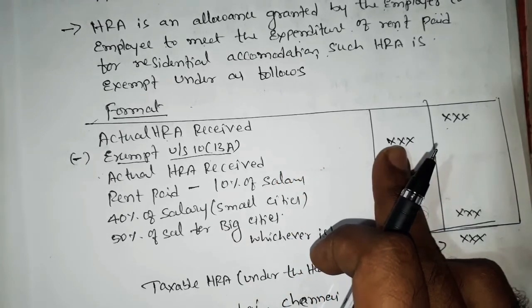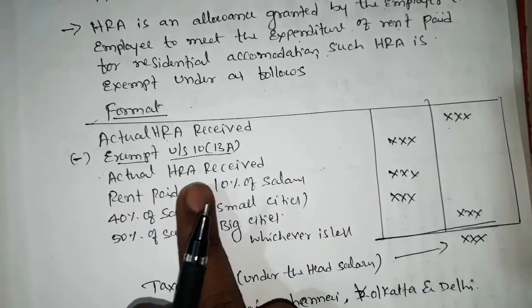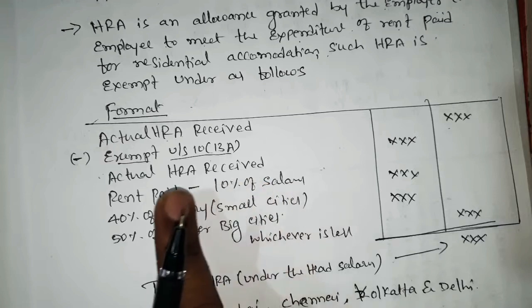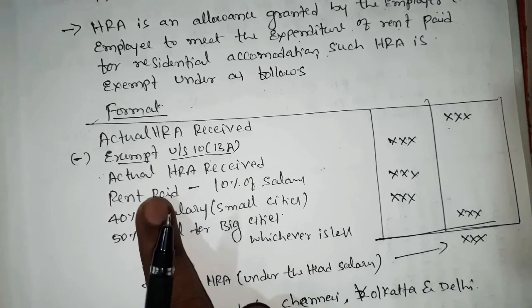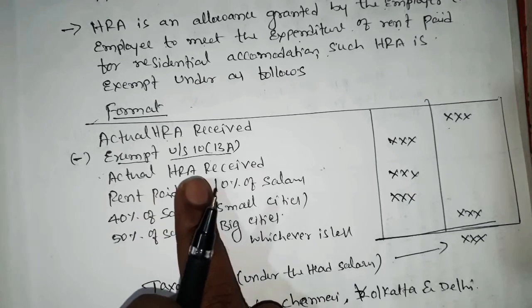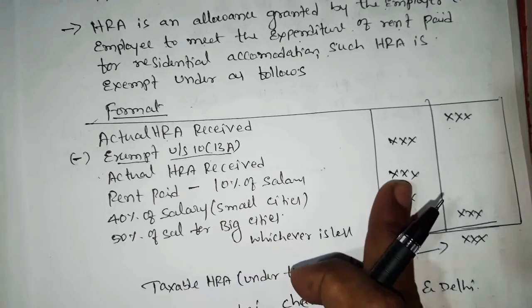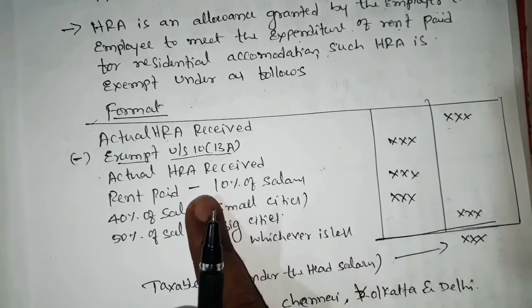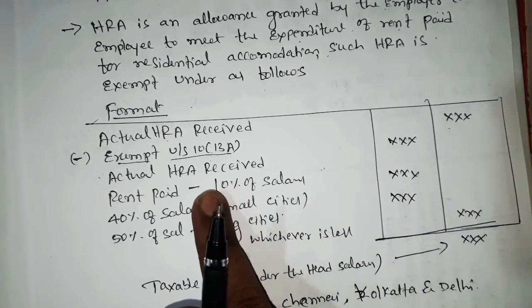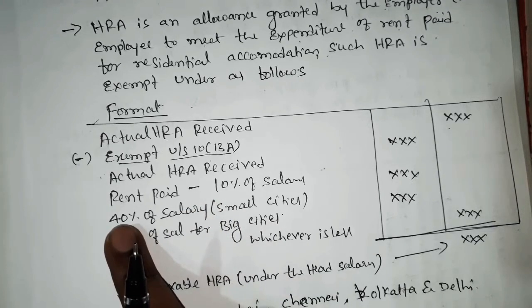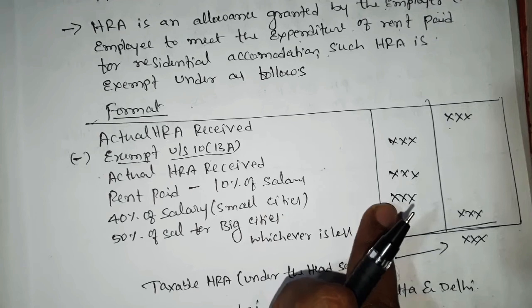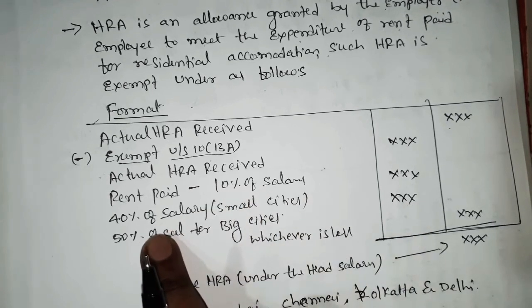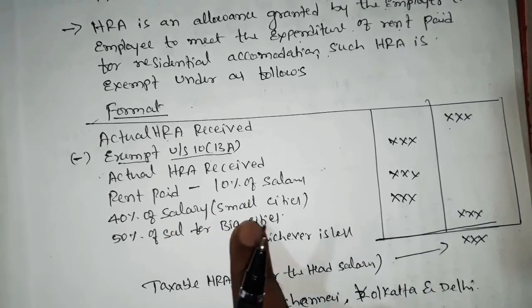Actual HRA received amount; rent paid minus 10 percent of salary. How much rent has been paid, the actual rent, minus 10 percent of salary. That amount should be here, and we need to do the minus in the calculation. Then 40 percent of salary for small cities, and 50 percent of the salary for big cities.